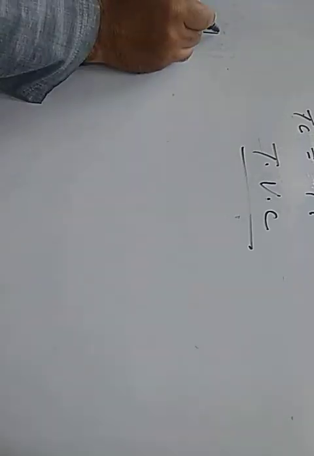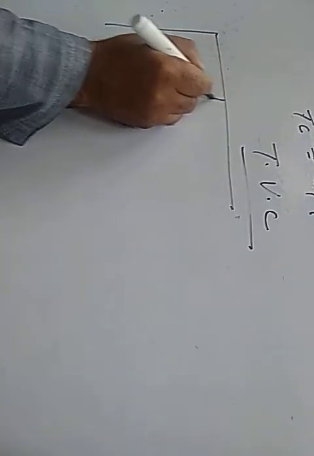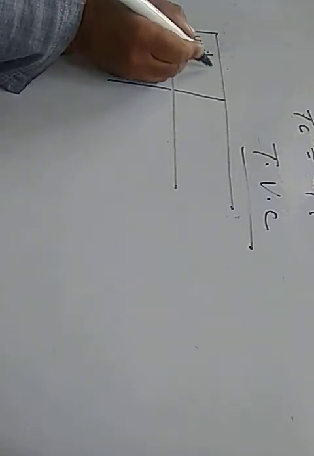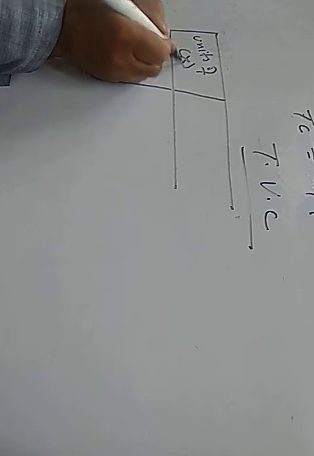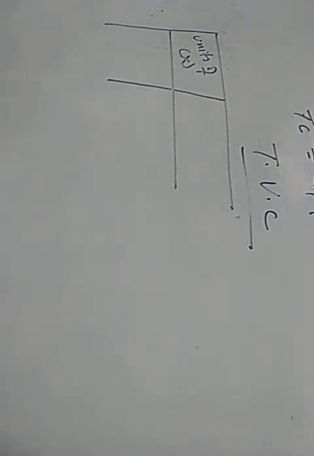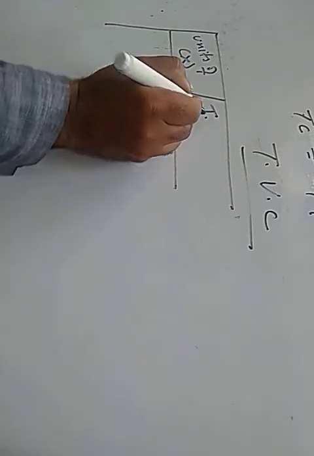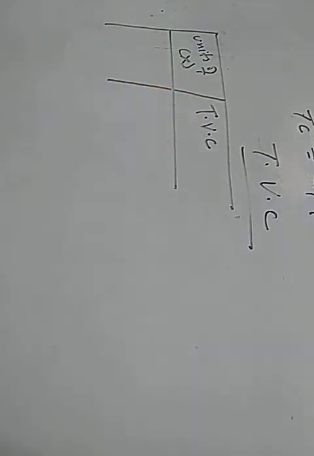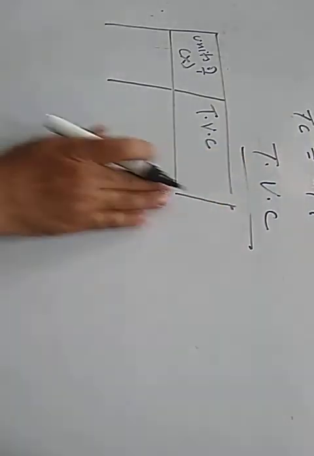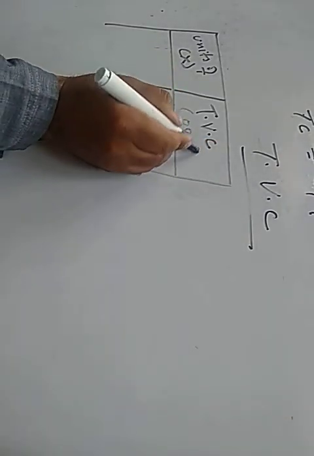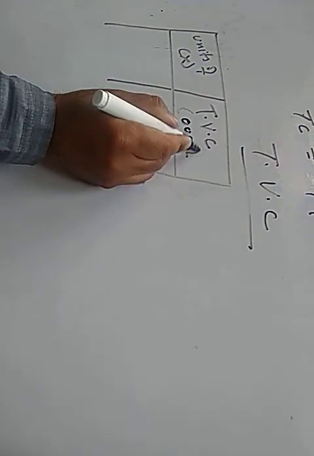In the first column we will take units of output, the commodity we take as commodity X, and in this column we will write total variable cost in 1,000 rupees.